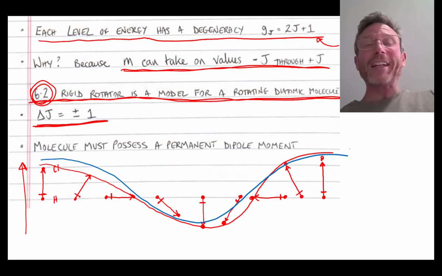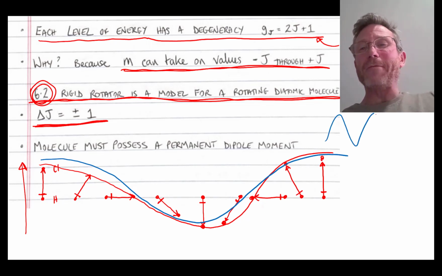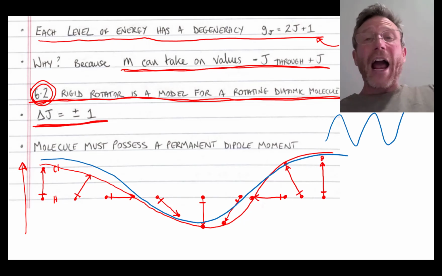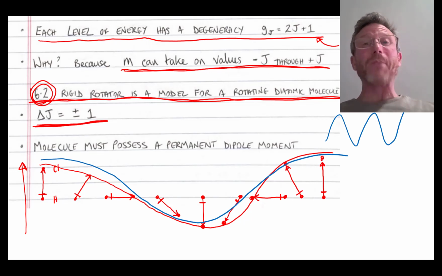So electromagnetic radiation comes along, it's a sine wave, and how it can interact with matter is by interacting with the dipole moment. So we need a permanent dipole moment in our molecule so that once it rotates, it can couple to that oscillating electromagnetic field.